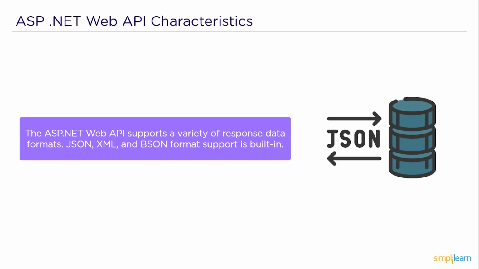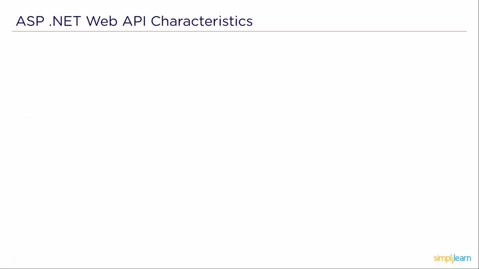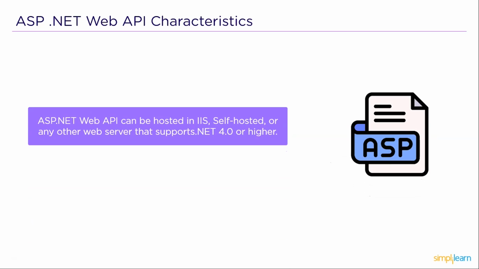The following feature of ASP.NET Web API is that it accepts a wide range of response data formats. JSON, XML, and BSON formats support is pre-installed. The fourth characteristic is that IaaS, self-hosted, or any other web server that supports .NET 4.0 or higher can host ASP.NET Web API.